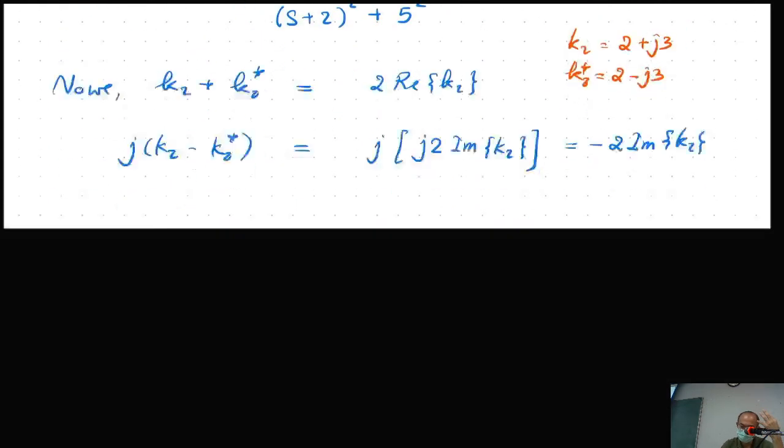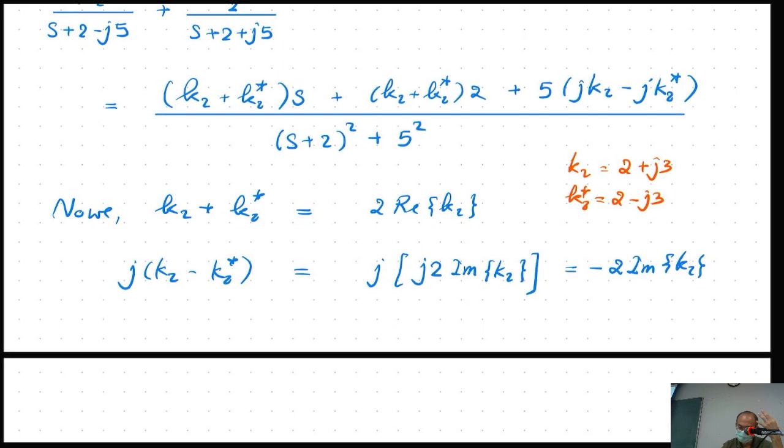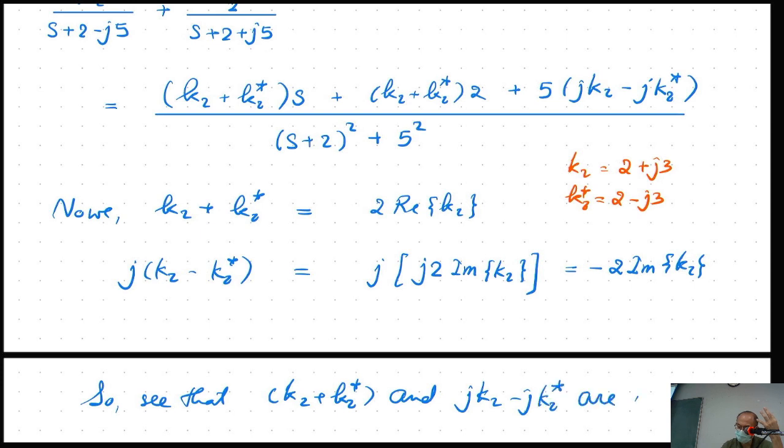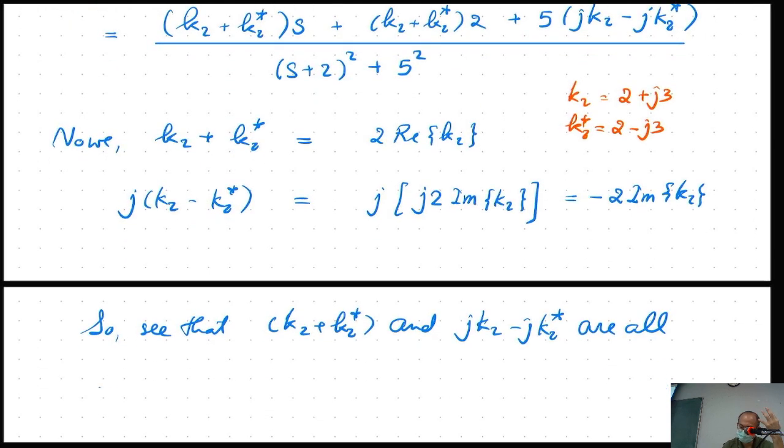So we see that the first coefficient, which is K2 plus K2 star, and the last coefficient, which is JK2 minus JK2 star, are all real numbers.